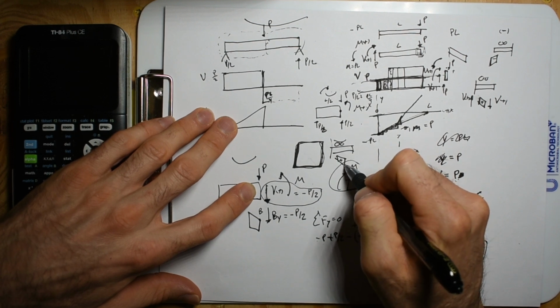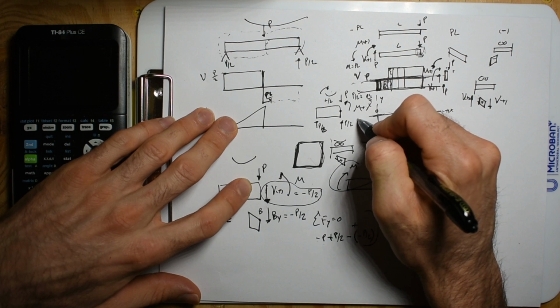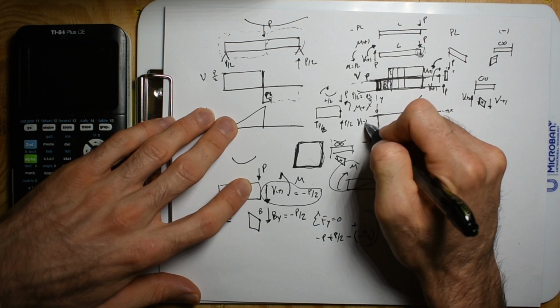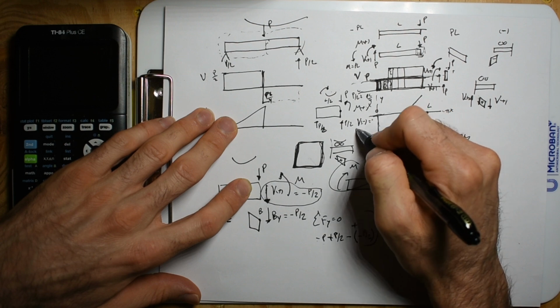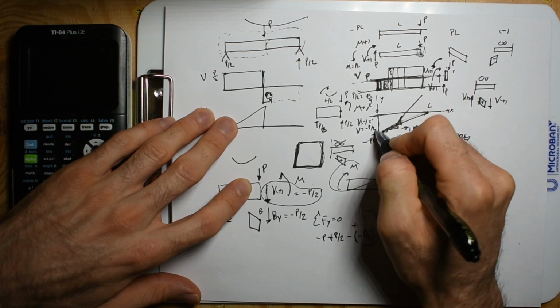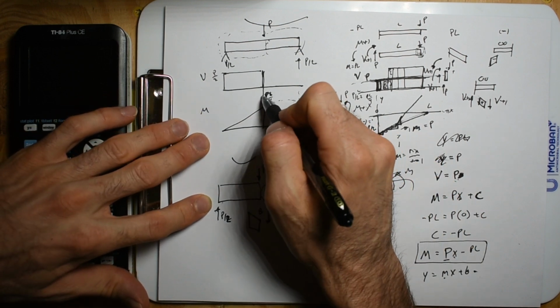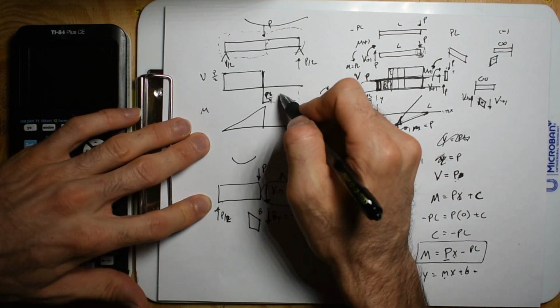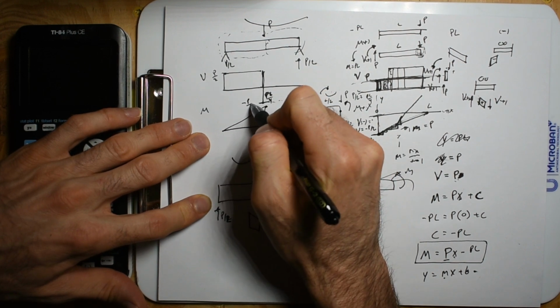So if this went down, that would be positive. This is going up, though. So we know that by convention, this is a negative shear, or a shear of negative P divided by 2. You know what I mean? So then on our graph, we're going to go down, and this PL divided by 4 is that moment, but this shear is a negative P divided by 2.